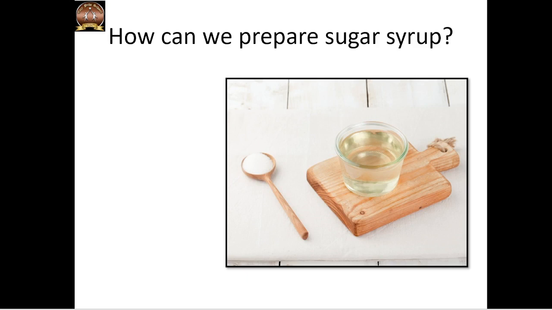So a sugar syrup is basically a very saturated solution of sugar and water. How is it possible to dissolve so much sugar in the water when no more of the sugar would dissolve if it is a saturated solution? Can you think of some ways in which you can dissolve more sugar in water?